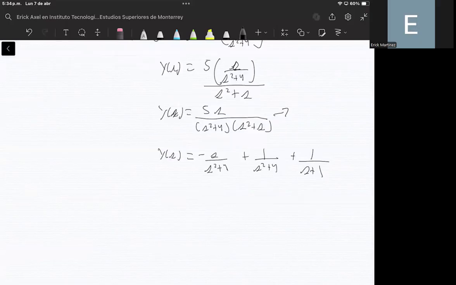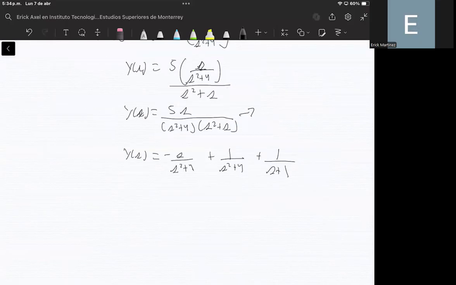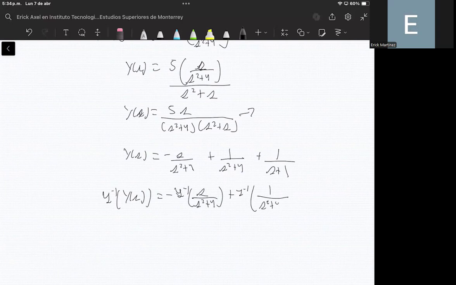We can apply now the inverse Laplace transform to this function, that is the inverse Laplace transform of Y(s) is equal to minus the inverse Laplace transform of s divided by s squared plus 4, plus the inverse Laplace transform of 1 over s squared plus 4, plus the inverse Laplace transform of 1 over s plus 1.